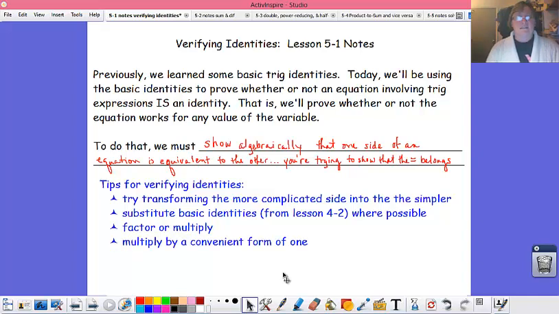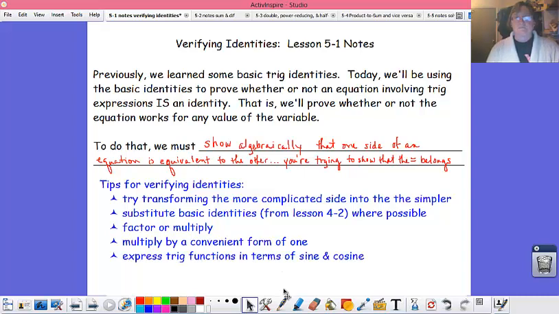It's okay to multiply by a convenient form of 1, such as if I am looking at sine over cosine, I could multiply both top and bottom by cosine and have sine cosine over cosine squared. Multiplying by a convenient form of 1 sometimes will help us simplify an expression.